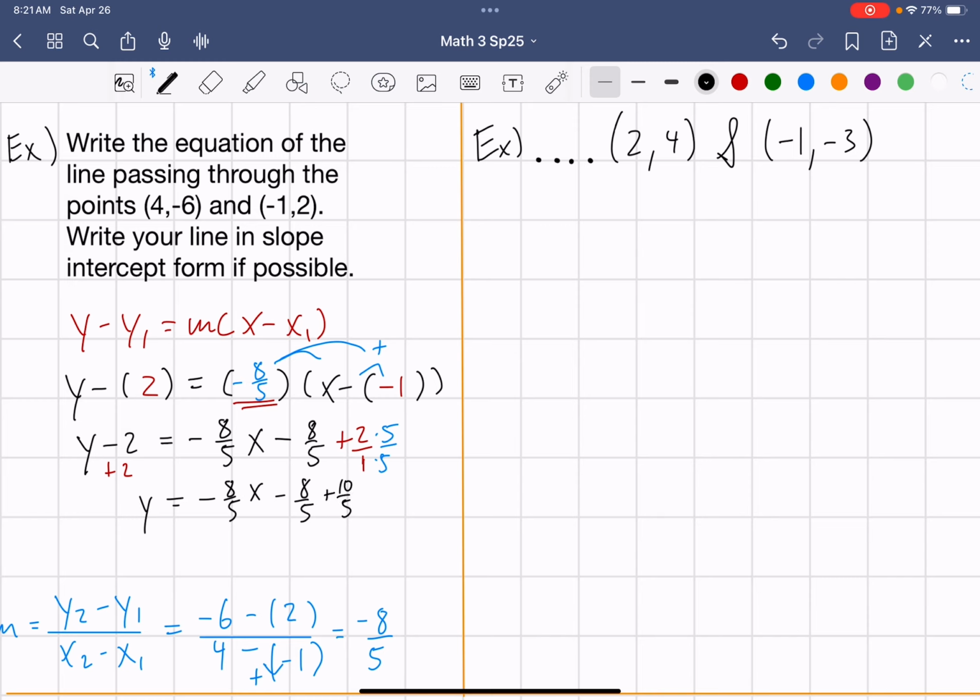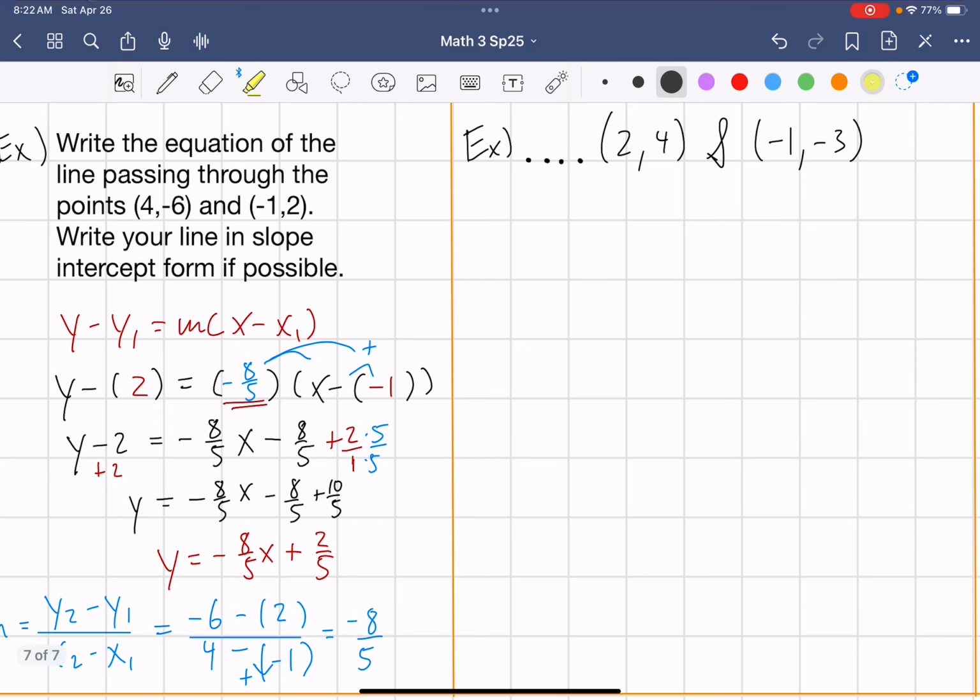Now the denominators are the same, I can combine the numerators. So -8 plus 10 is going to leave us with y equal to -8/5 x plus 2/5. And there is my equation.